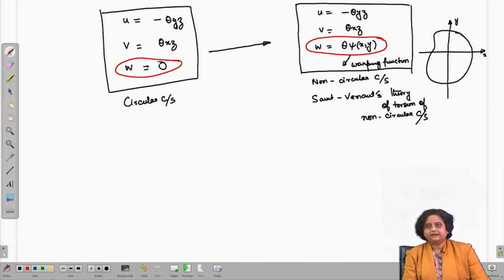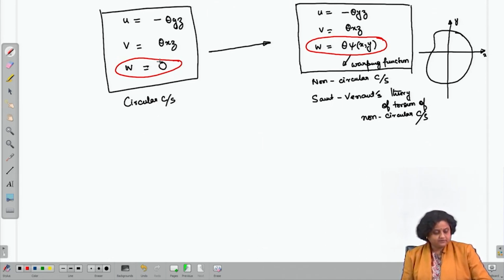The other thing that needs to be noticed is that the warping function, psi, is dependent only on the cross sectional axes, that is x and y. It does not vary with the length of the shaft and just depends on the cross sectional axes of the shaft.